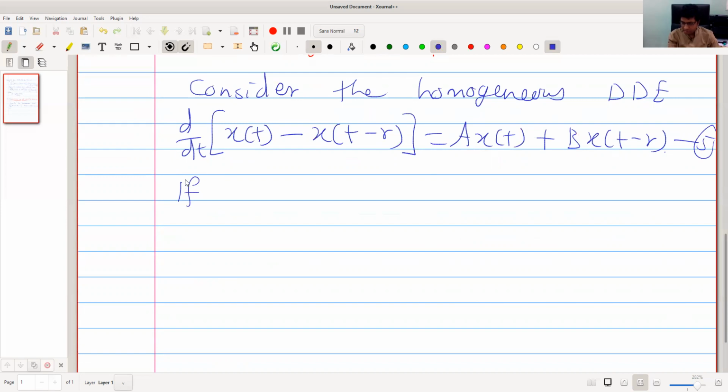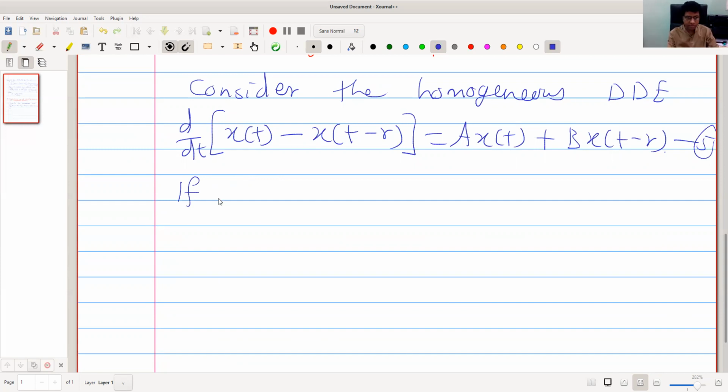Now what will be the characteristic equation? As earlier, we substitute x of t equal to e raised to lambda t in this equation and obtain the characteristic equation.